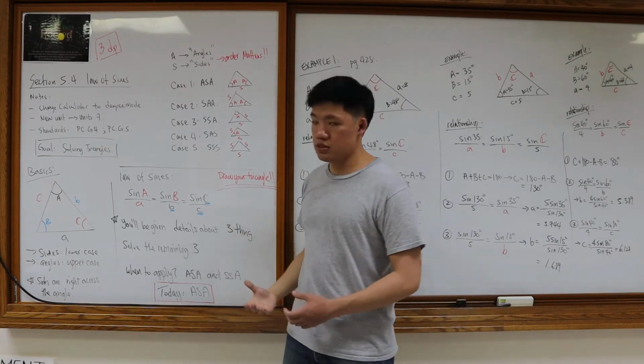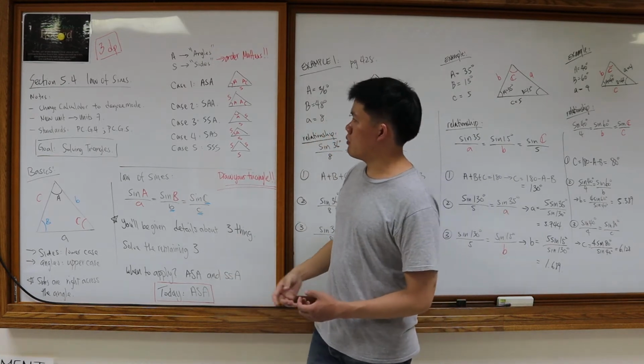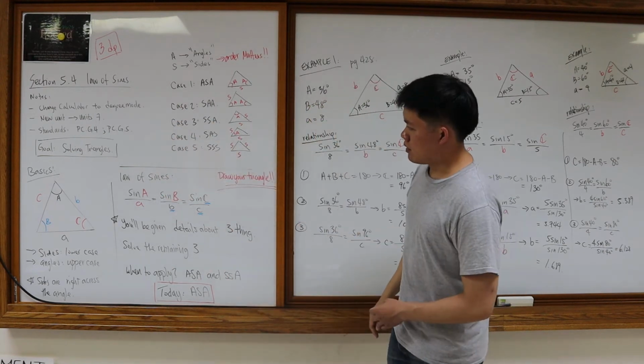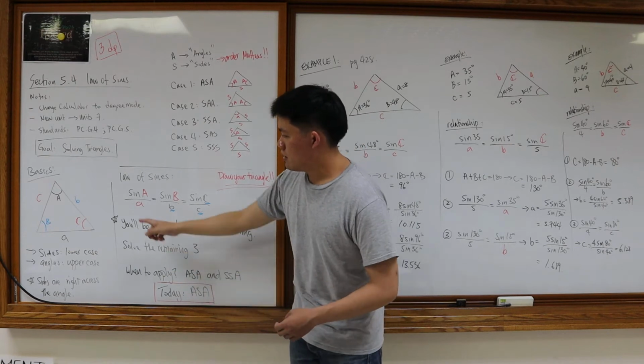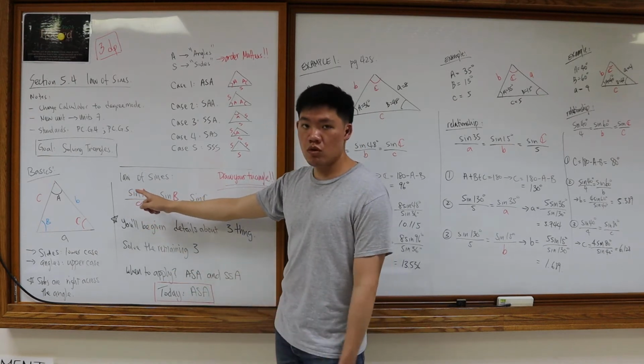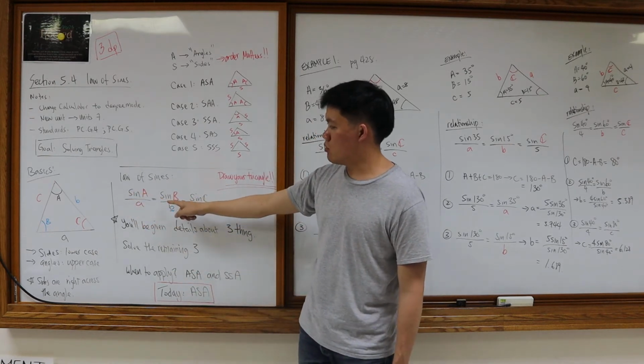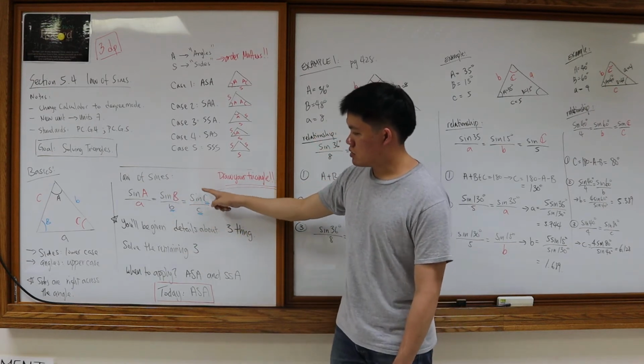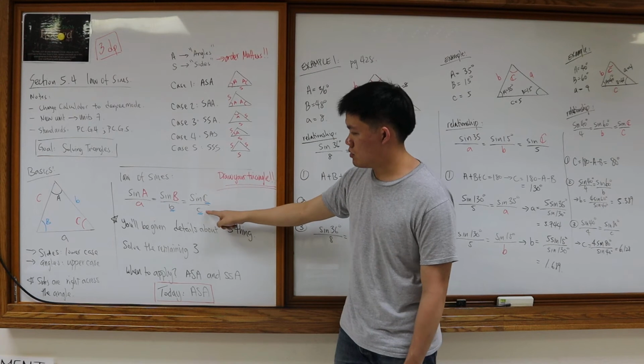In this particular situation, for the law of sines, we'll be dealing with case number 1, case number 2, and case number 3. The law of sines says that sine of angle A over side a is equal to sine of angle B over side b, which equals sine of angle C over side c.